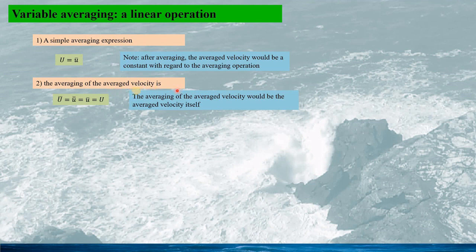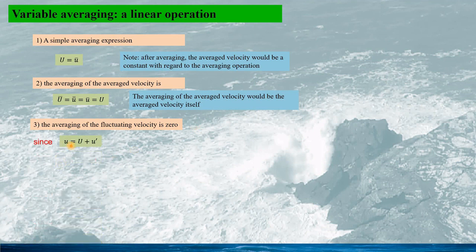Therefore, the averaging of the averaged velocity is given as this. So, the averaging of the averaged velocity would be the averaged velocity itself. The averaging of the fluctuating variable would be 0.